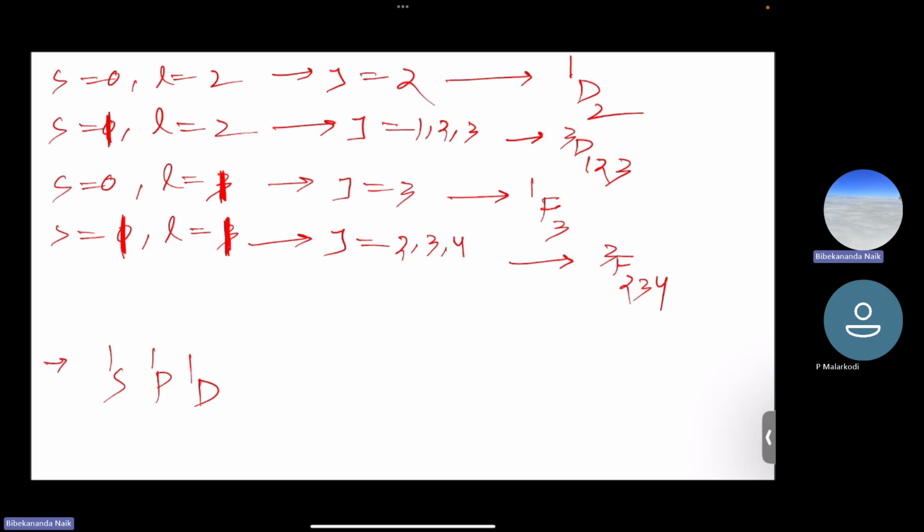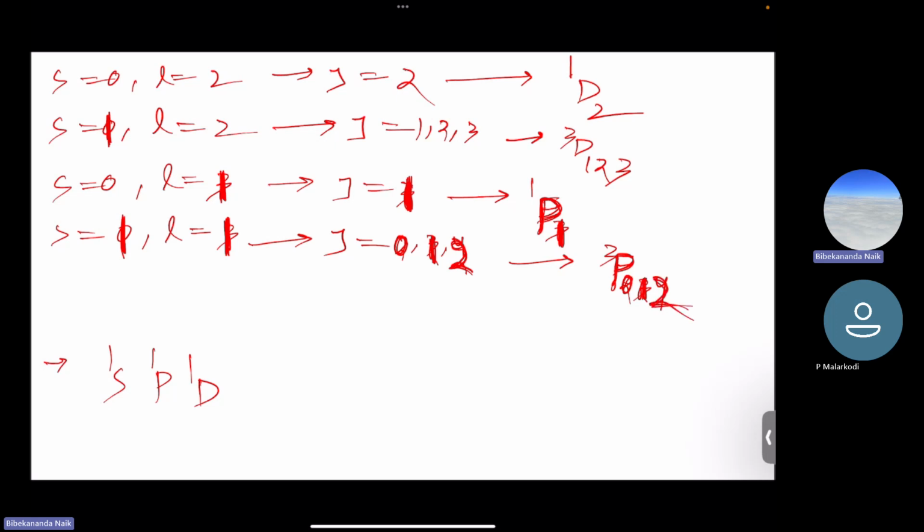So 1 means J is 1. So it is 1P1, and again 3P. This will be 1, which means J will be 0, 1, and 2. So it will be 3P0, 1, 2.